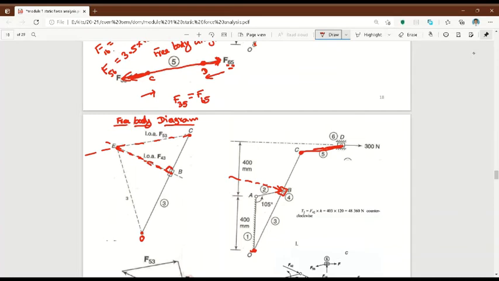So the force because of the piston B and the force on C both meet at this point, and they give the name E for that point.